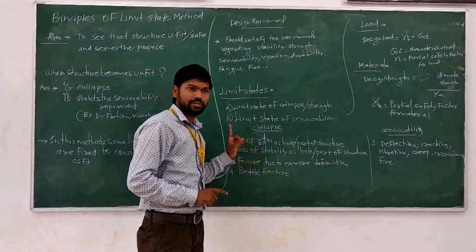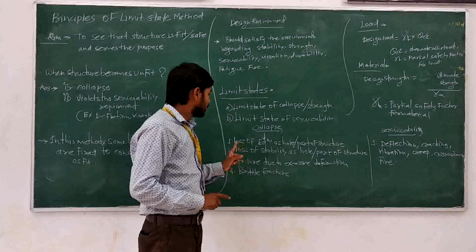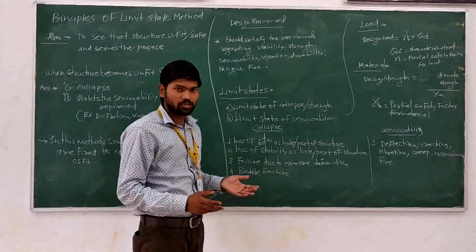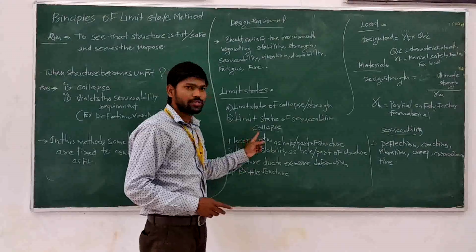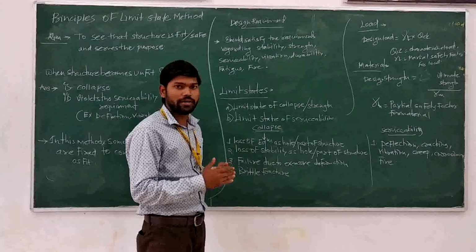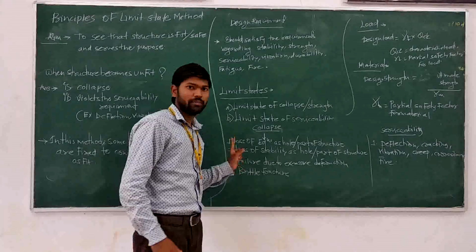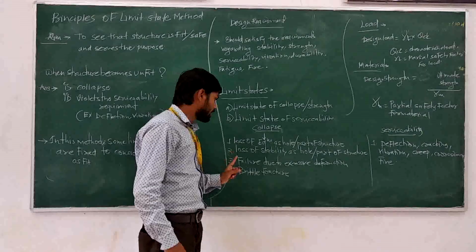When the loss of equilibrium occurs as a whole or as a part of the structure, that will be the limit state of collapse. So this boundary is considered as the limit state of collapse. This is one limiting condition. Now what will be the second?